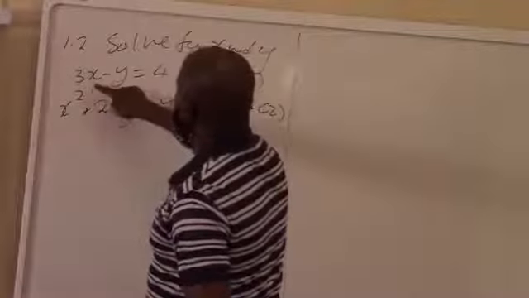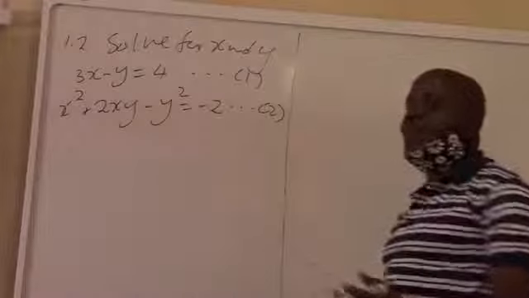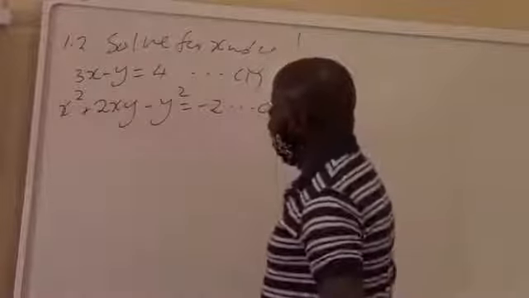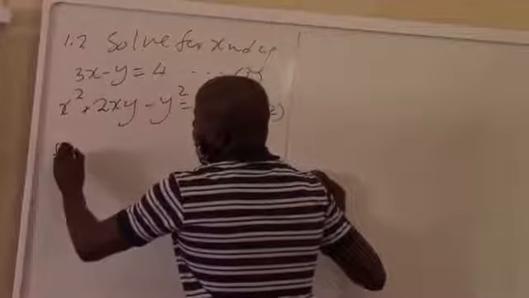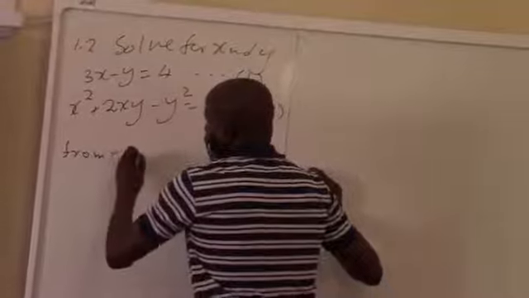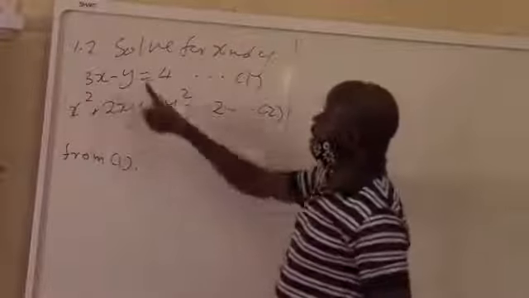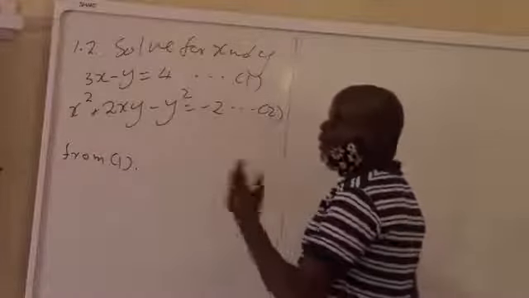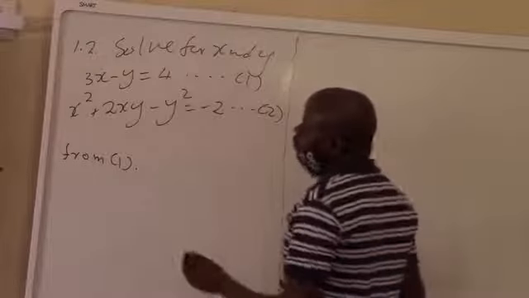In these two equations, the first equation is the simpler one, so we take one of the variables and make it the subject of the formula. From equation 1 we have 3x minus y. If we want to make x the subject, we have to divide every term by 3, which will complicate our matters.